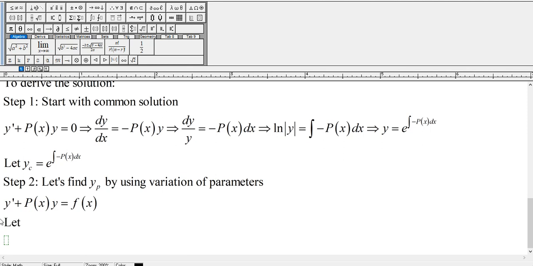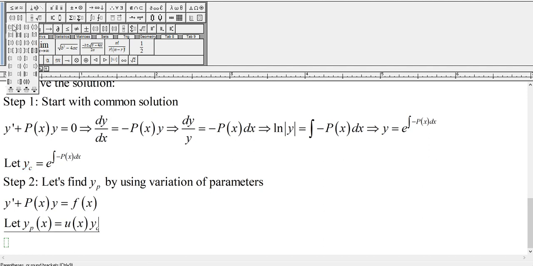And now the y particular that I didn't know, what we're going to do is let it be a function of x. It's going to equal u of x times y common, which also happens to be a function of x.